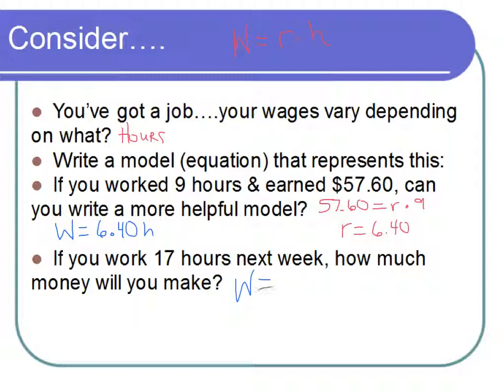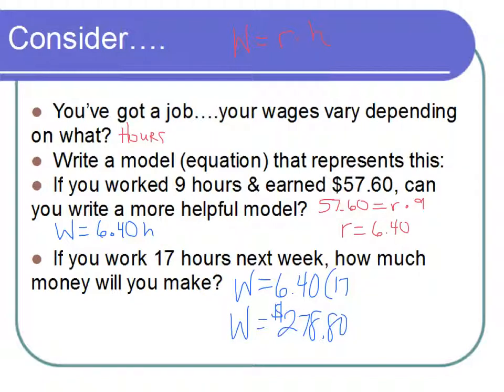So all you do is you plug 17 in for H and see what 6.40 times 17 is, and you get $278.80. So that would be my paycheck. That's not right.